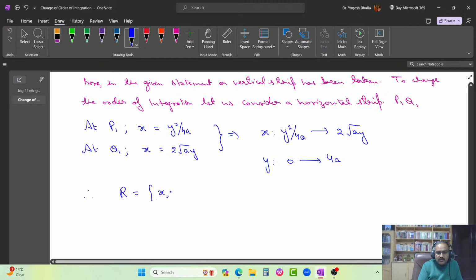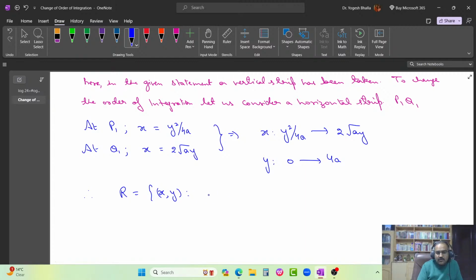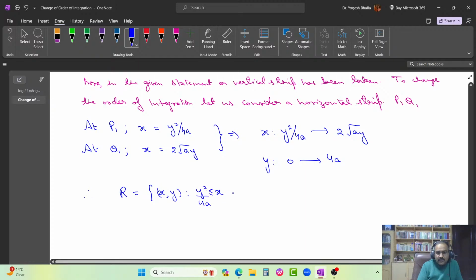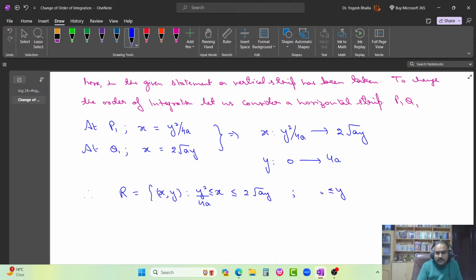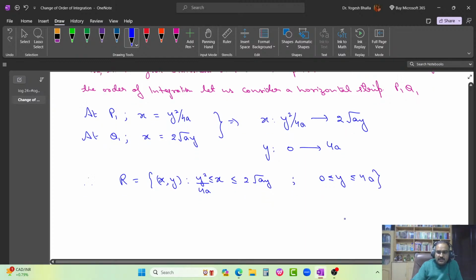Region is x comma y, the coordinates we are considering, colon, x is varying from y square by 4a to 2 times root ay, and y is varying from 0 to 4a. So this is the region.